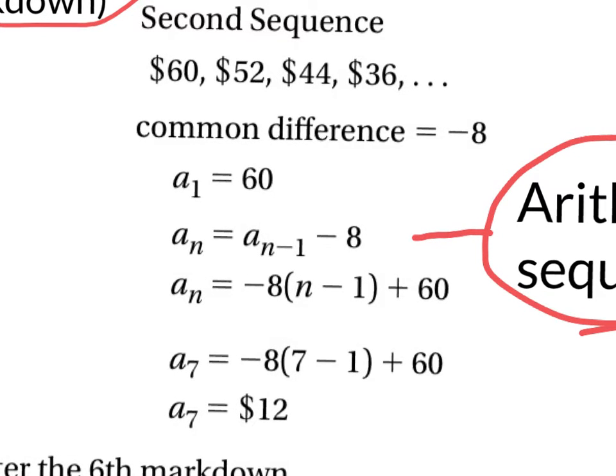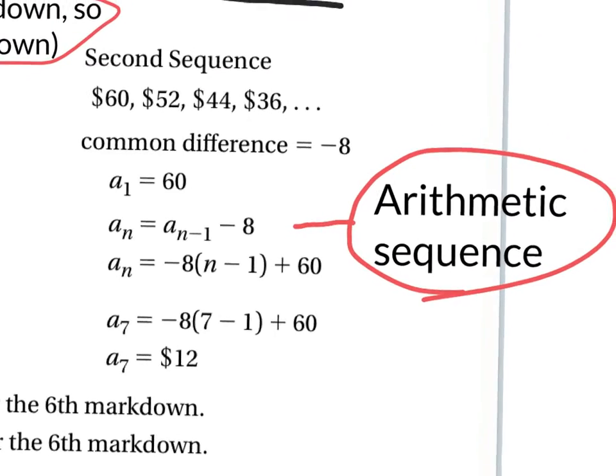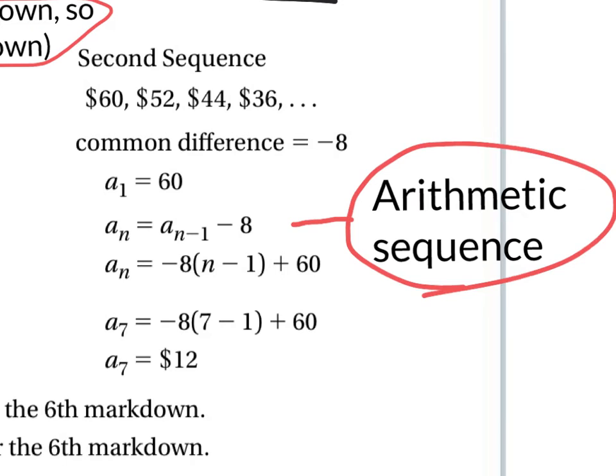For the other store, we have this going on. This one actually is an arithmetic sequence instead of a geometric sequence. So with an arithmetic sequence, we had $60 and we're subtracting $8 each time. You could just keep finding the numbers if you wanted to.